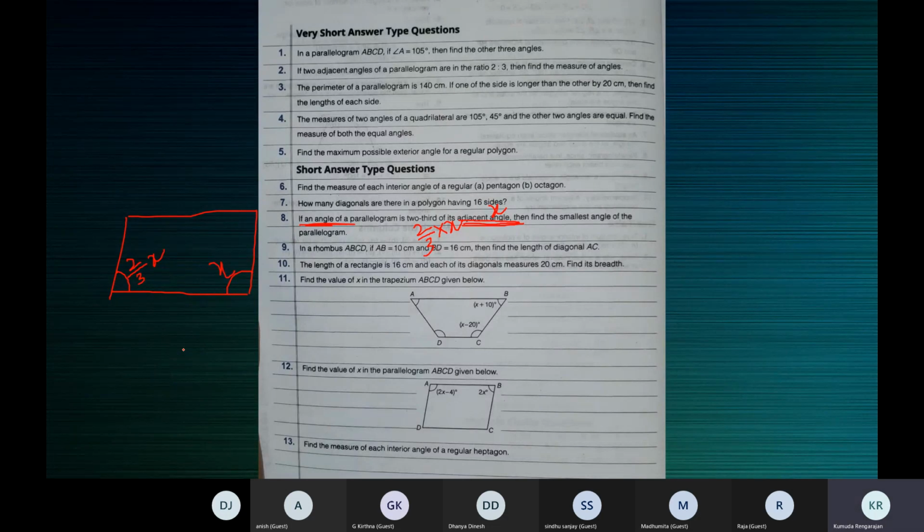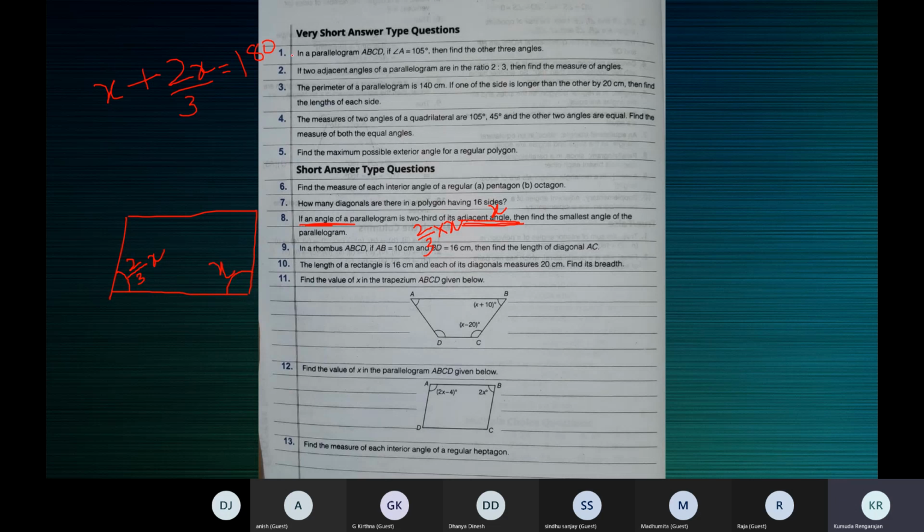So x plus 2/3x is equal to 180. Children, you must know how to solve this by taking the LCM. 2/3x can be written as 2x/3. So x plus 2x/3 is equal to 180.